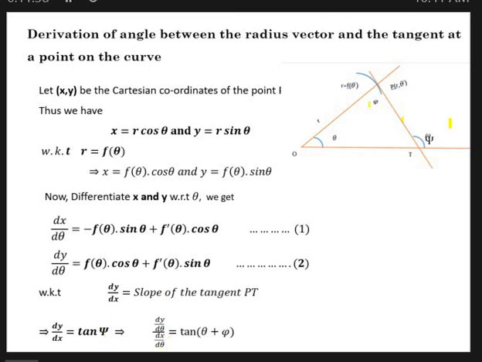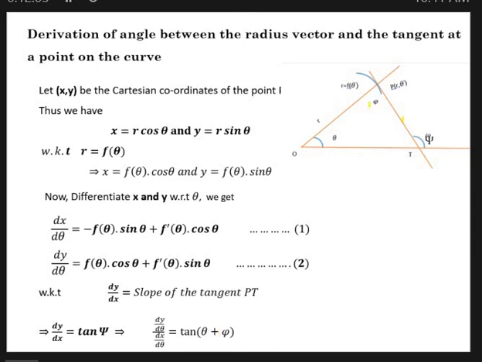See, psi is the exterior angle of the triangle OTP. So the exterior angle of a triangle is the sum of the opposite two interior angles. Hence psi is equal to theta plus phi. So dy by d theta by dx by d theta is equal to tan of theta plus phi.